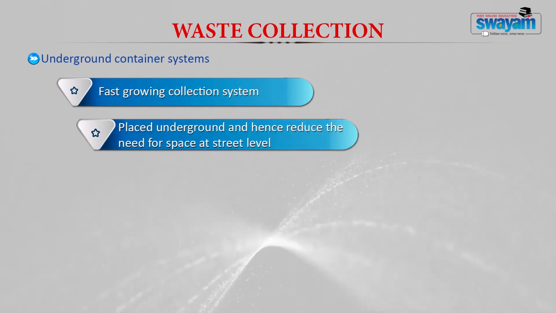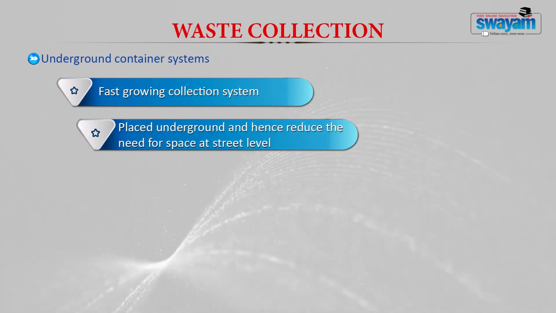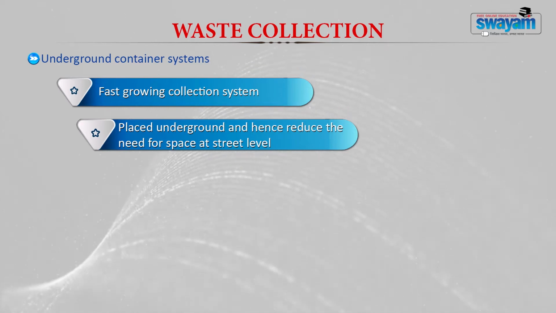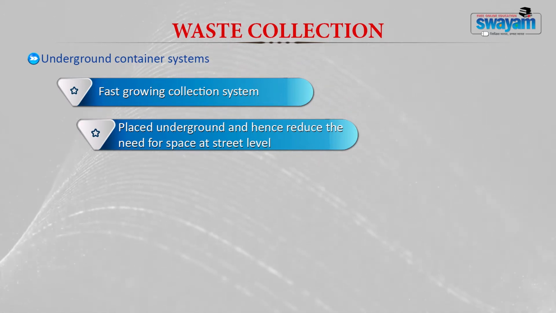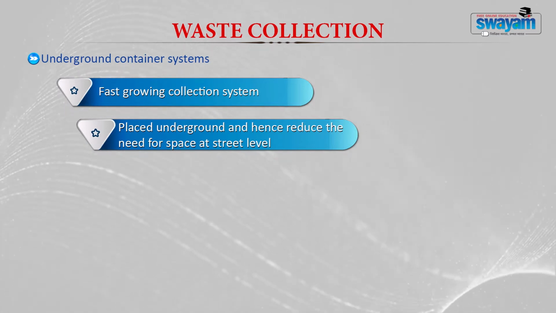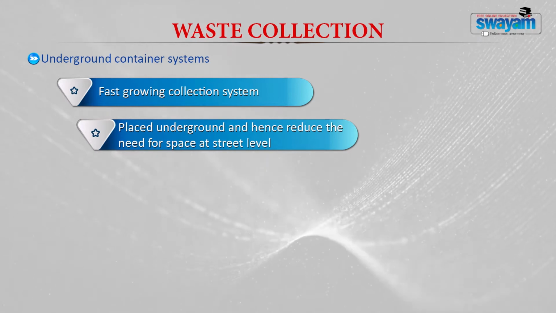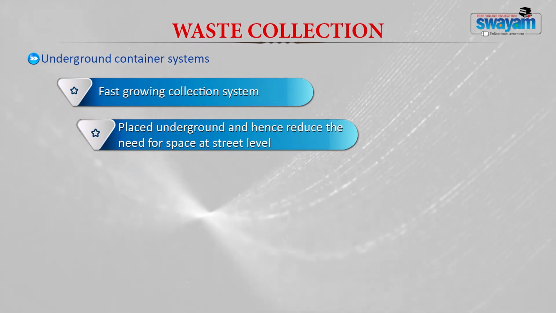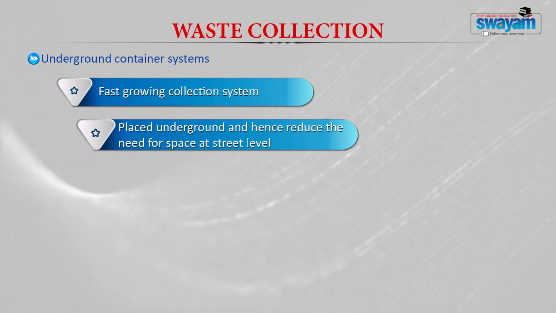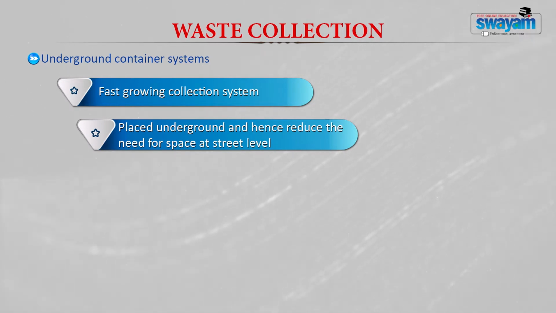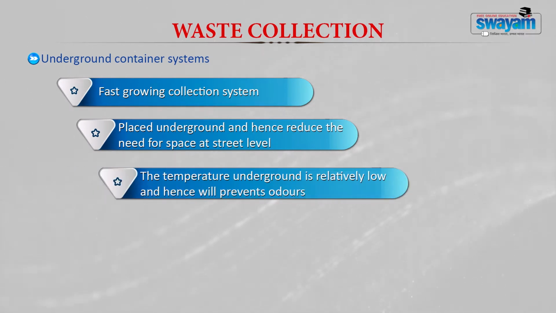Since they are placed underground, they reduce the need for space at the street level. If you remember, all the dustbins or the storage bins for collecting the waste are generally placed on the curbsides, alleys and the parkways. Now, since the containers are placed underground, they will save the space at the street level. Also, the temperature underground is comparatively lower than the outside environment, which will also prevent the generation of odor.